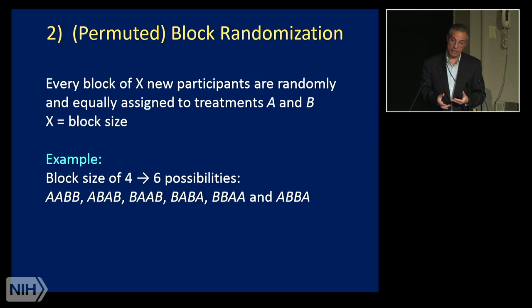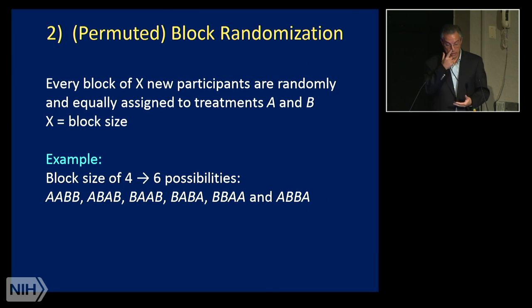And the way it's done is that one of those 6 is picked randomly by the computer. So it picks randomly one of these 6, and then it assigns the participants according to that block. And there are 6 possibilities.